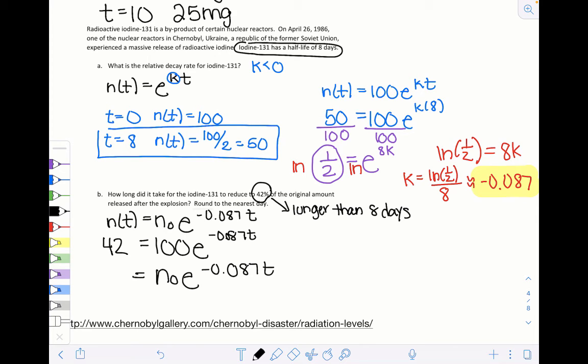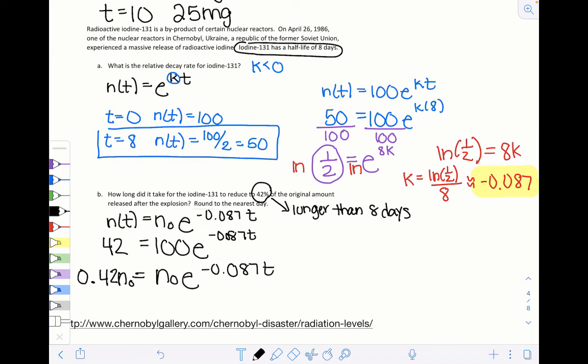So if I leave the n sub 0 alone on the left, I don't care what the original amount was, that's just n sub 0, but it needs to end up being 42% of that, I could write that as 0.42 times n sub 0. So that's saying whatever the original amount is, I'm finding 42% of that original amount.